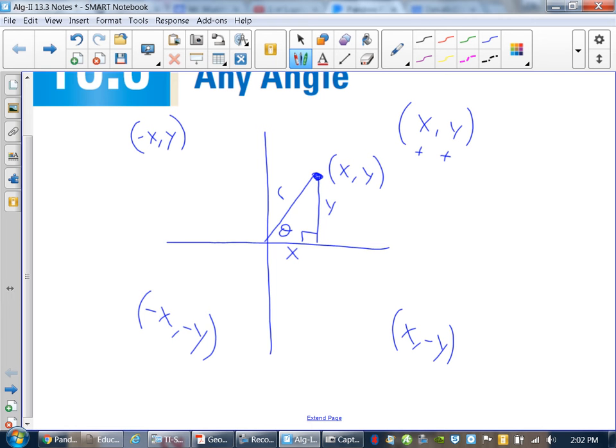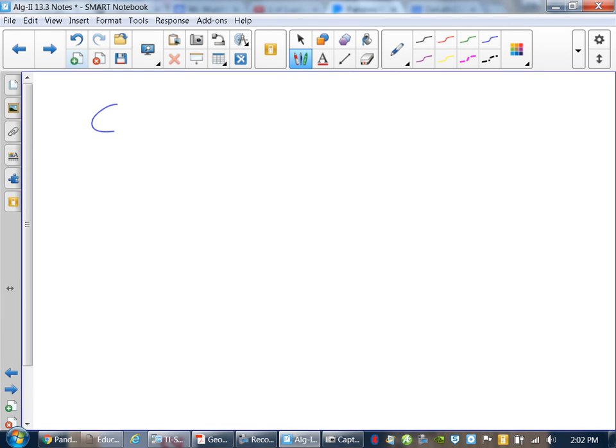The cosine of theta is going to be x over r. I'm going to put them in this order, cosine, sine. I know it's weird that we say cosine, sine, because we're so used to saying sine, cosine, tangent, SOHCAHTOA. If you look at the buttons on the calculator, it goes sine, cosine, tangent.